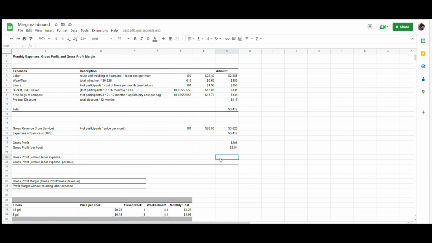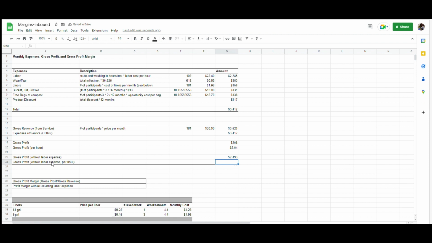So the gross profit without the labor expense is the gross profit, so we say equals G19, but I need to add that labor expense back in, plus G5, because I'm getting that too, because I'm doing the pickups.